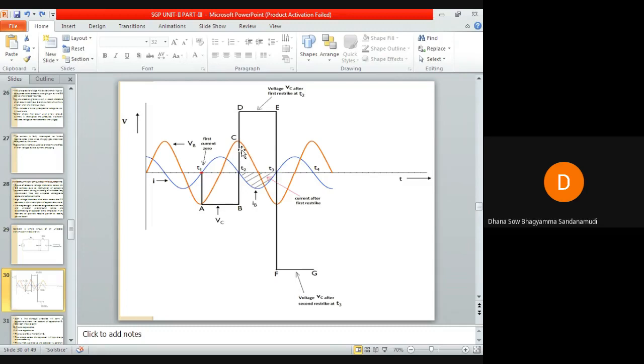Immediately after point C, the voltage across the breaker contact is twice the maximum value of VB, since generated voltage VB itself is positive maximum value. The voltage across the breaker contacts now continues to increase at D. At D, this reaches a value of 4 times the maximum value of VB.